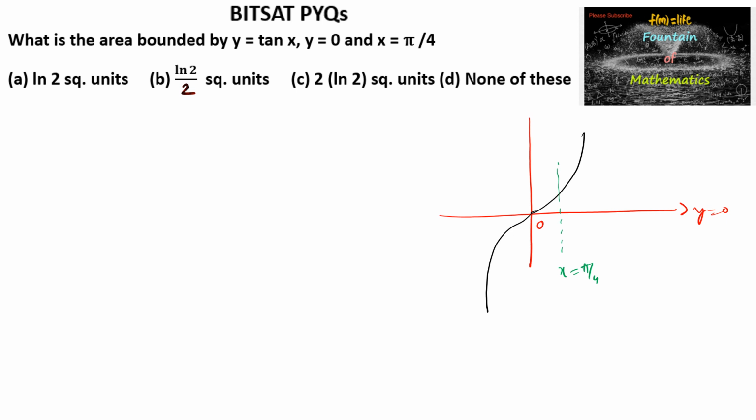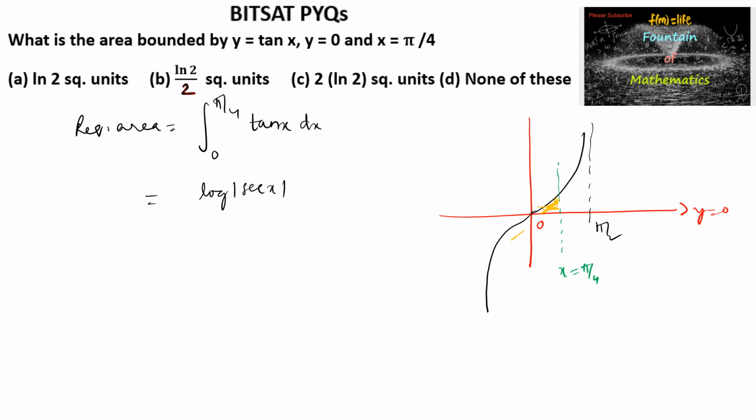The shaded region will be below the curve and above the x axis, that is y is equal to 0. So we can write the required area is equal to integral 0 to pi by 4 tan x dx. So integration of tan x is log mod of secant x over the limit 0 to pi by 4.